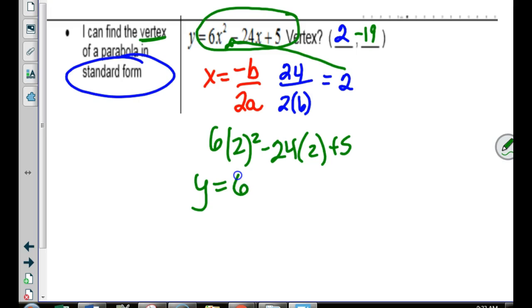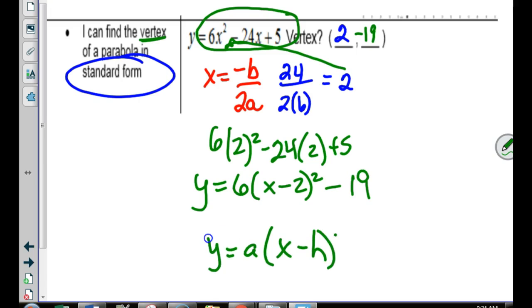Yep, you keep the a out there. I heard somebody say 6. And then it would be minus 2 squared with a minus 19 because it's a times (x minus h) squared plus k. All right, so apparently you didn't have to do that. You just had to find the vertex on that one.